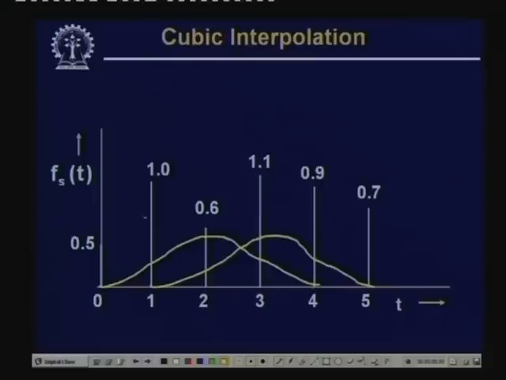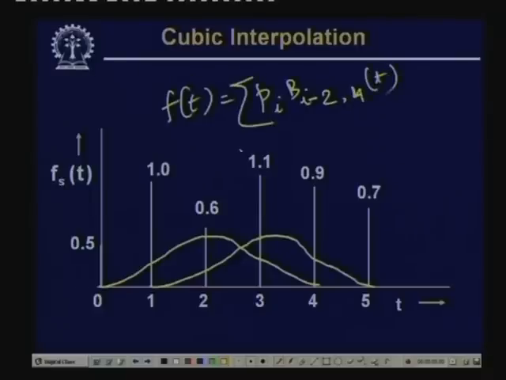So, the nature of the region of support will be something like this, and again by using the same formulation, that is f t is equal to p I b I minus 2, in this particular case with k equal to 4, and taking the summation for I equal to 0 to n, I can find out the value of f t for any arbitrary time instant t.